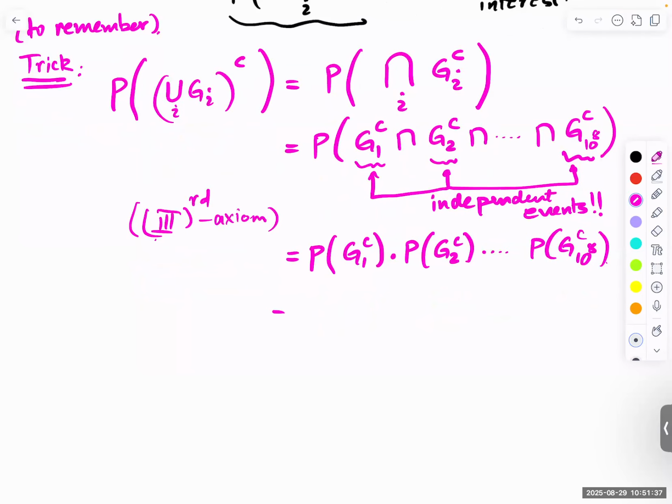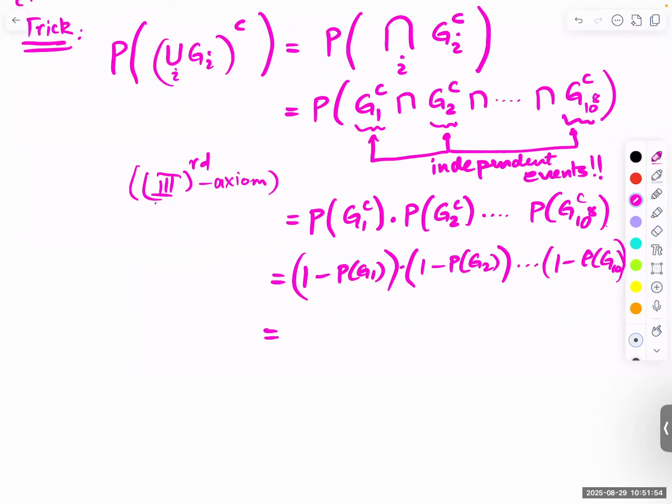What is the probability of G1 complement? It is 1 minus the probability of G1. What is the probability of G2 complement? 1 minus the probability of G2, all the way till the last one. But remember, we computed what is P of G1. P of G1 was 1 by n.